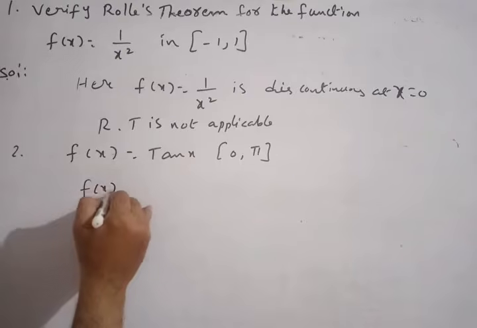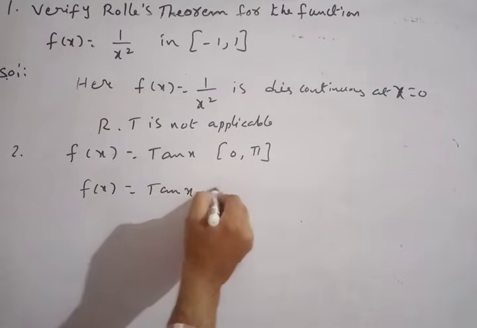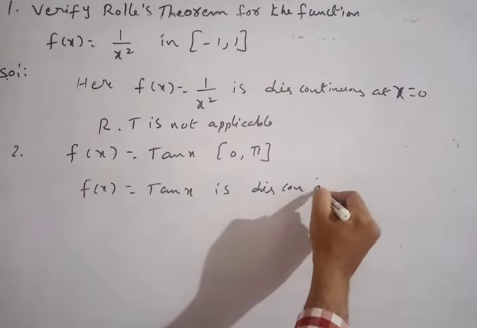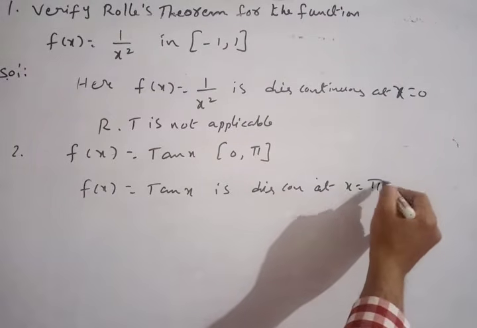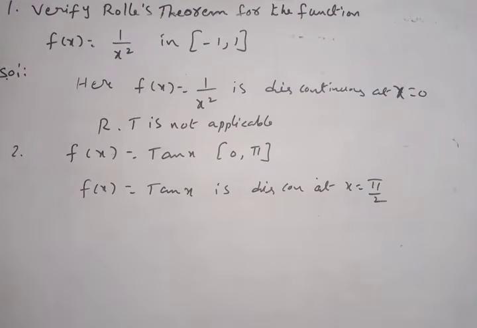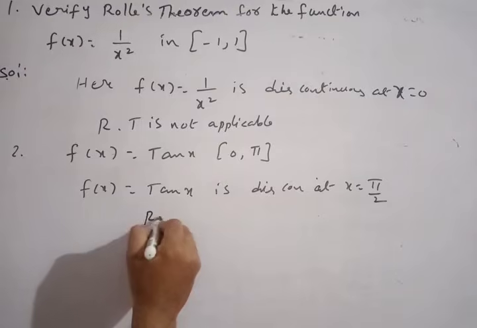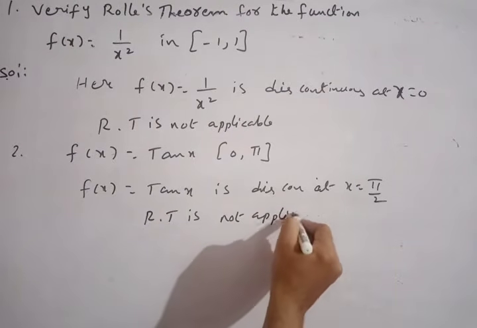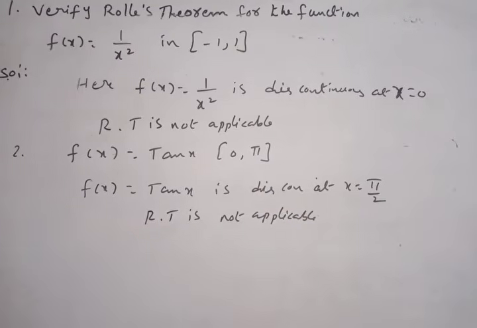So f of x is equal to tan x is discontinuous at x is equal to pi by 2. So therefore Rolle's theorem is not applicable. Understand here? So like this you need to verify whether Rolle's theorem is applicable or not.